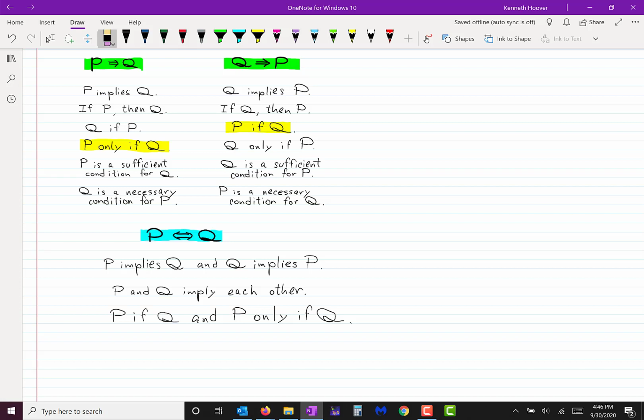But you know what I notice? P is at the beginning of the first half and the second half of the sentence, and Q is at the end of both halves. So how about if I just put them together instead of saying P if Q and P only if Q? What if we combine them and say P if and only if Q? That sounds much nicer.